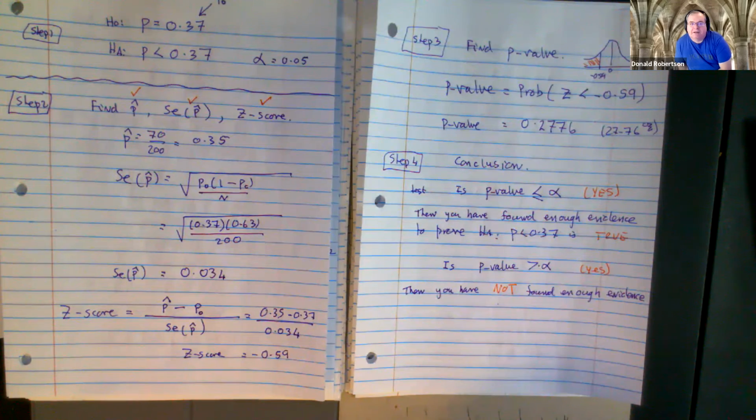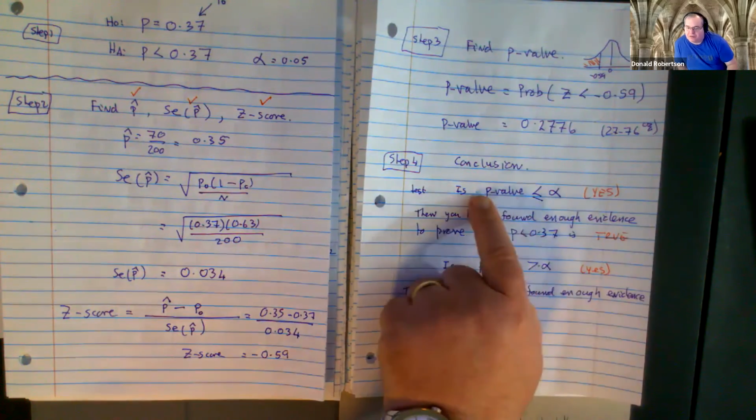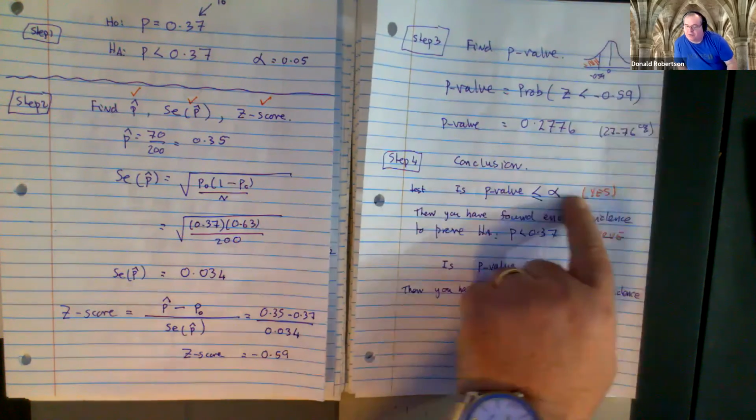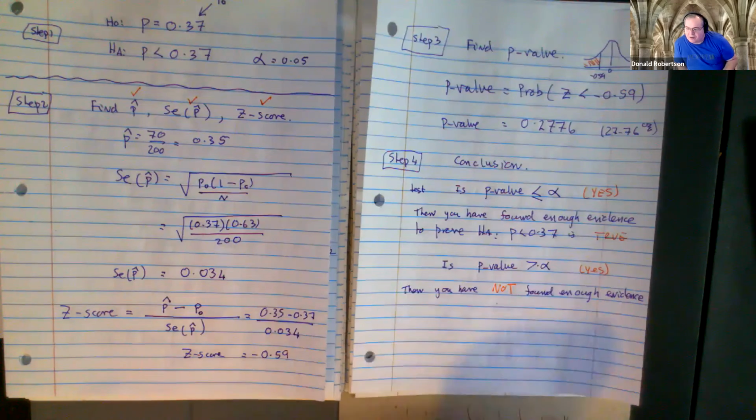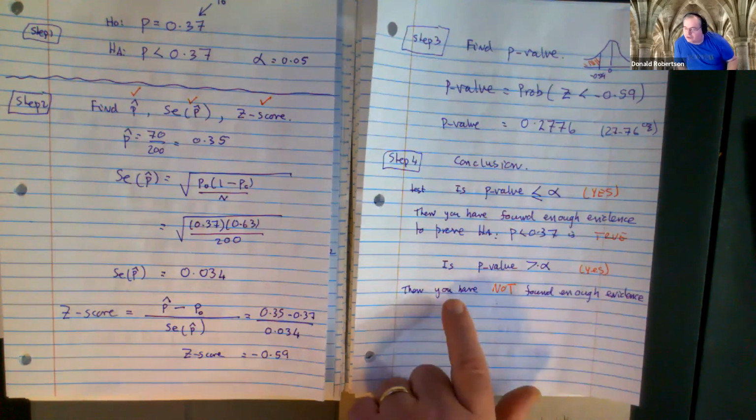Analogy. Can you think of the court case? If someone was on trial for murder, the verdict you get is guilty or not guilty, correct? Now, guilty is basically this one, right? You're guilty, we've proved it. The alternate decision is not guilty.